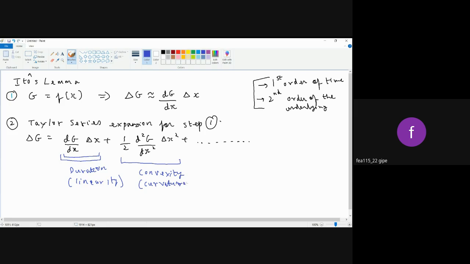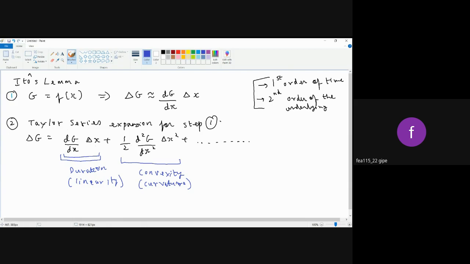I'm just trying to draw synergies between this and the bond pricing, with which we are already familiar. Now, we don't require bond pricing at the moment, but these similar concepts are applied there as well because we directly use duration and convexity. But this is the underlying theory behind how we use duration and convexity, and this is how duration and convexity have an impact on the overall bond price.